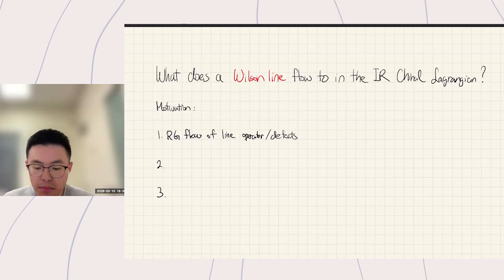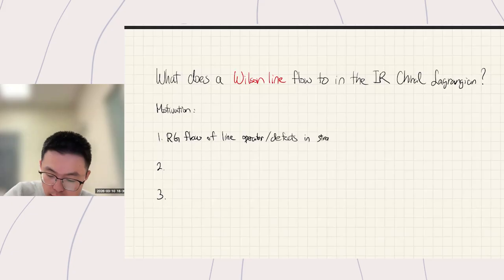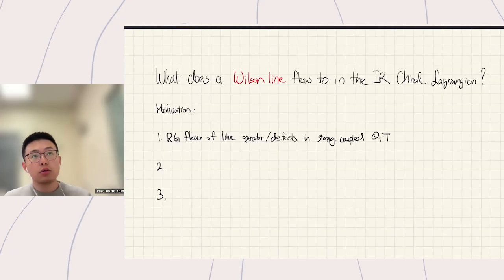And Wilson lines are basically one of the first examples of line operators that come to everyone's mind. And studying them in QCD is a very natural thing to look at. And as we know very well, QCD is a strongly coupled quantum field theory. So the RG flow is supposed to be interesting for various reasons.